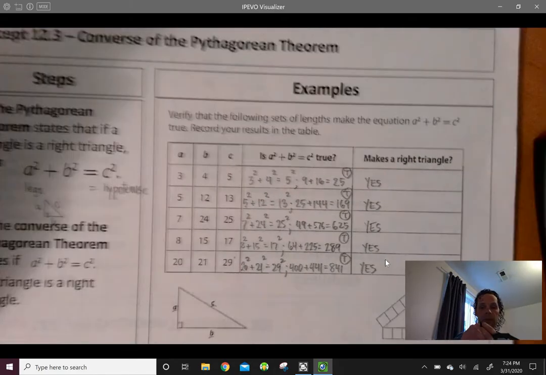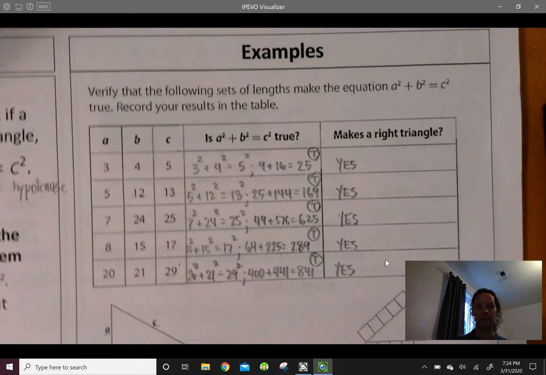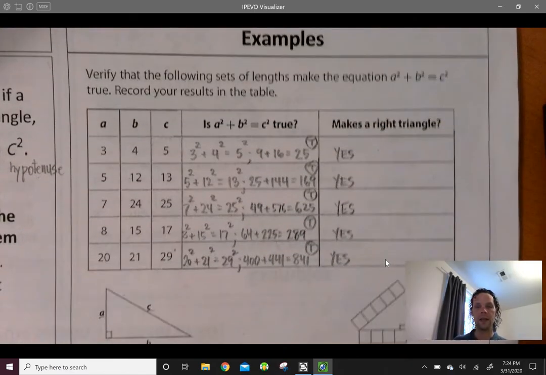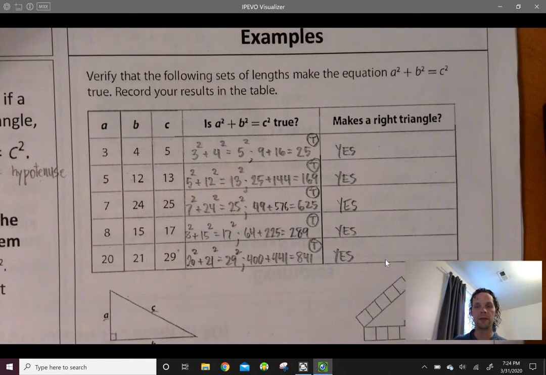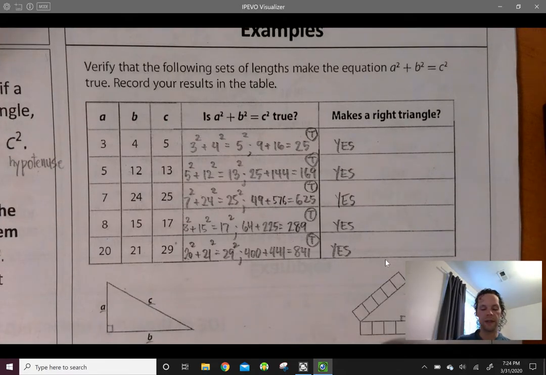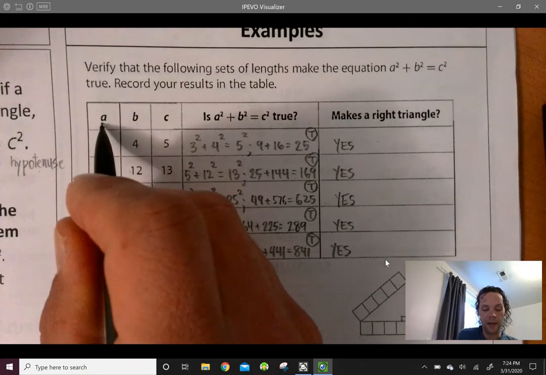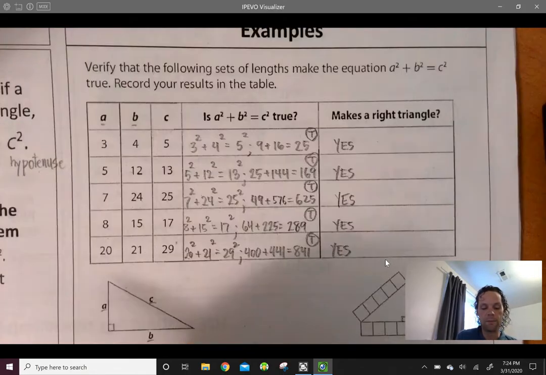Okay, so as we look at this table here on the other side, it says, verify that the following sets of lengths make the equation a squared plus b squared equal to c squared true. Record your results in the table. Okay, so all it's really asking us to do is look at these values. We've got A and B. Those are the legs.